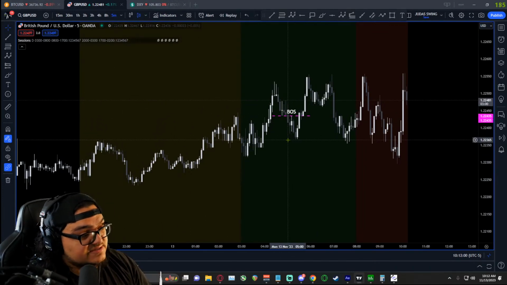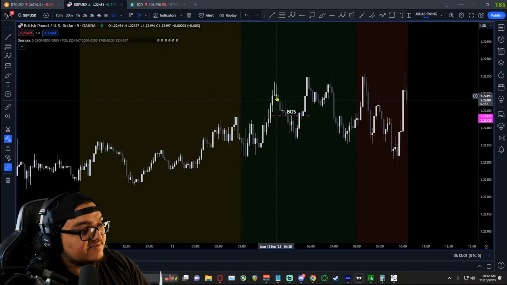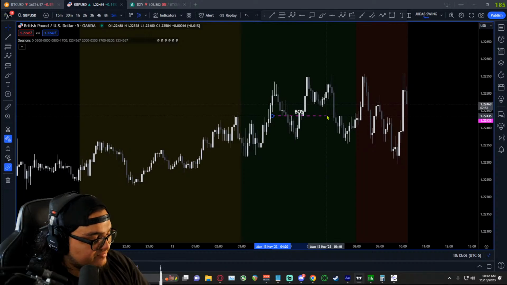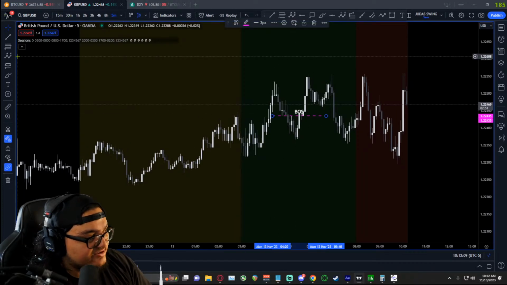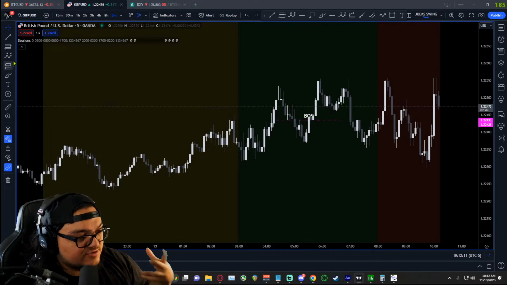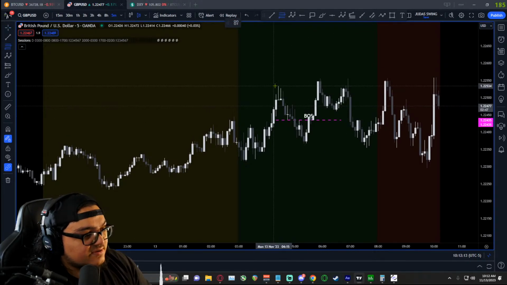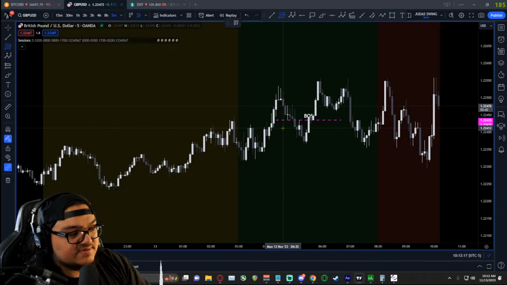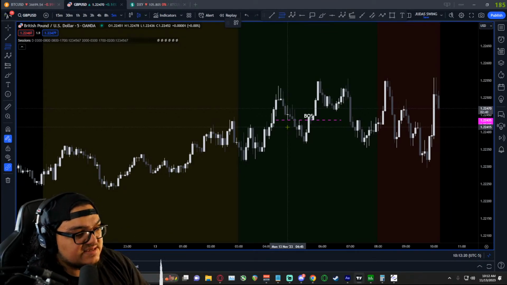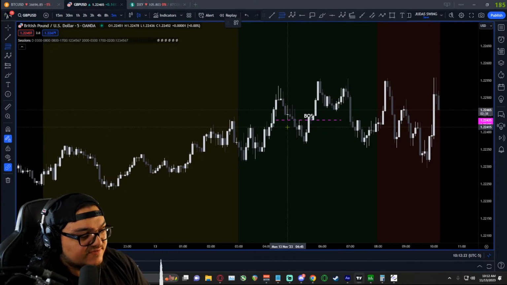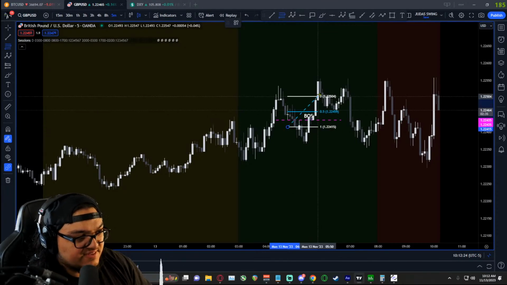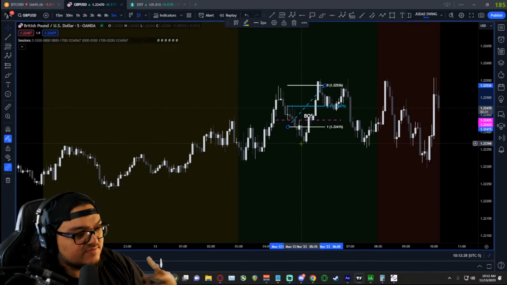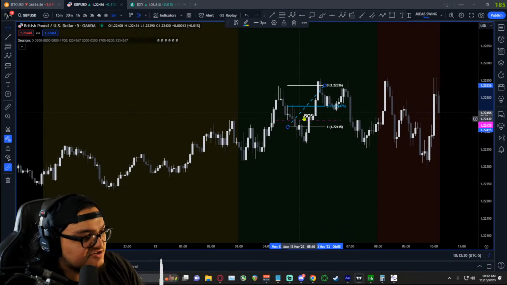Instead of taking the actual full entry at the original break of structure, where you get a candle body close, I'm using a new entry method where we're looking for the same steps, but we're adding one extra step. The only extra step is we're taking a fib retracement from the original entry off of that candle body close to the previous peak of where your stop loss would be, or bottom, depending on which direction you're trading.